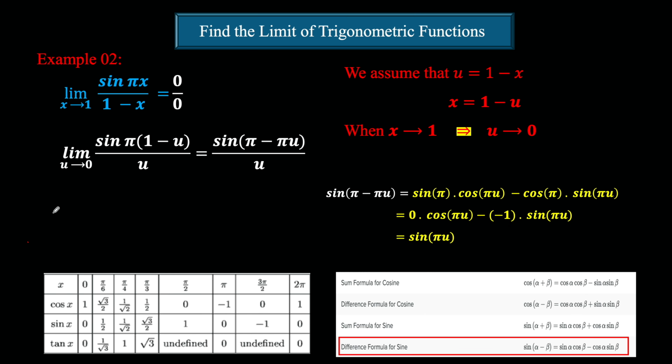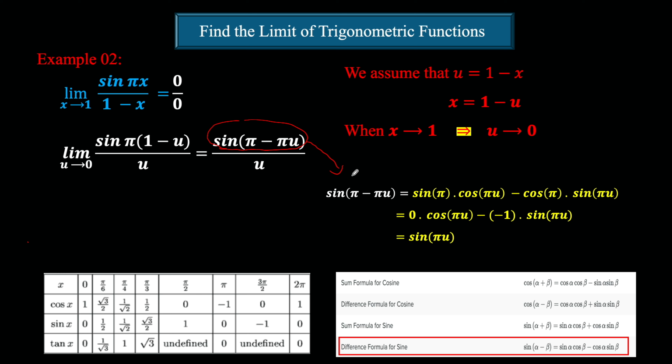In this case, we use this table again. So we have to work on this sine p minus pu over u. We take this sine p minus pu, okay? And we try to simplify this expression using those formulas, those identities. So we look, where is sine a minus b?